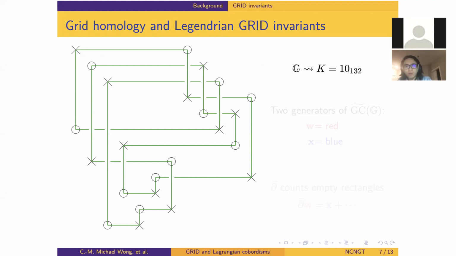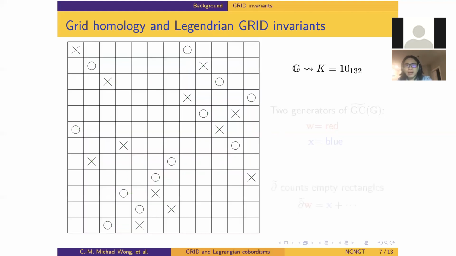It's the knot 10-132. And coming back to the grid diagram, I want to tell you about the chain complex associated to the grid diagram. So here I'm showing you two generators of the grid diagram. All the blue dots together give you one generator.